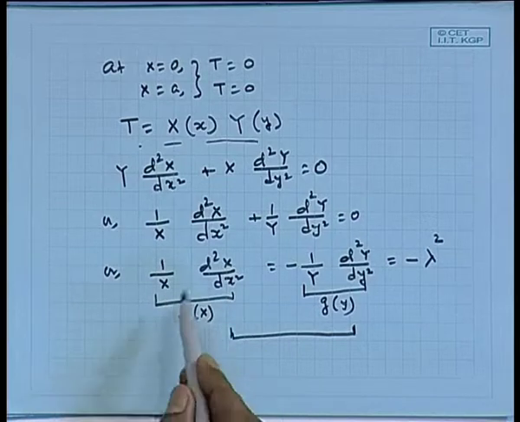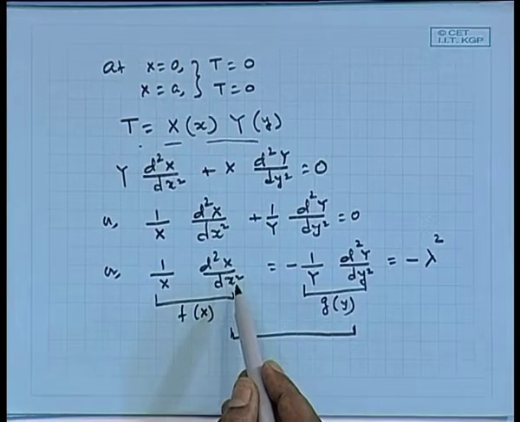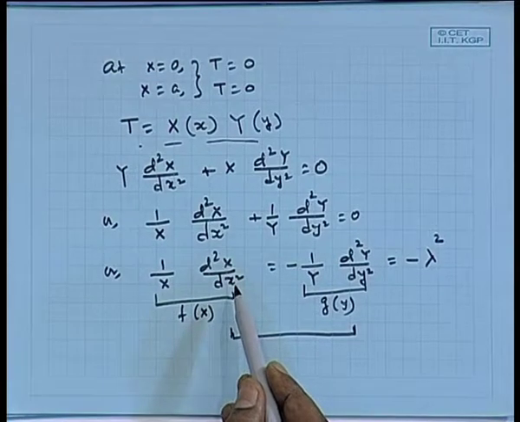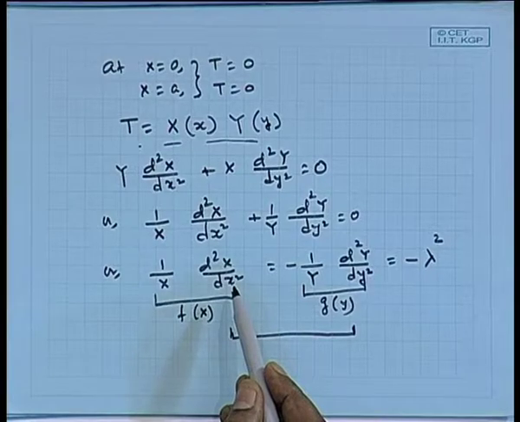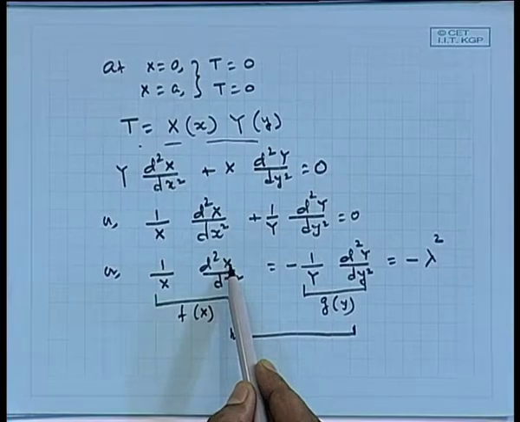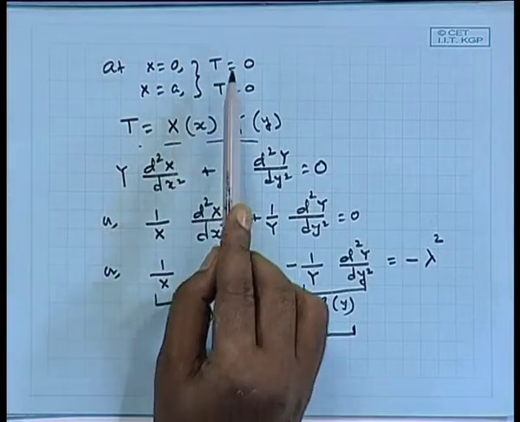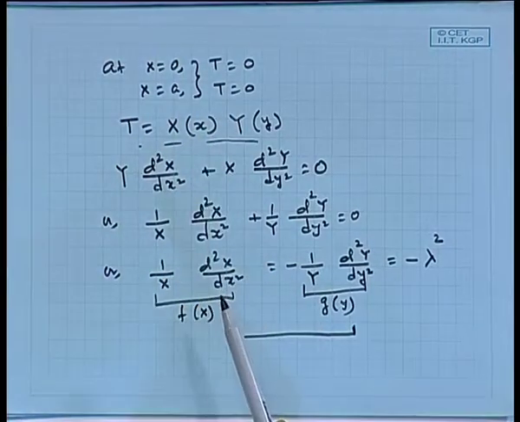Here you will be getting 1 over X d²X/dx² plus lambda² is equal to 0. That means, you will be getting ultimately d²X/dx² plus lambda² X is equal to 0. Now, let us look into the boundary condition of the x containing part. The x containing part must satisfy the boundary condition of the original problem. That means, at x equal to 0 and x equal to a, your capital X will be equal to 0.